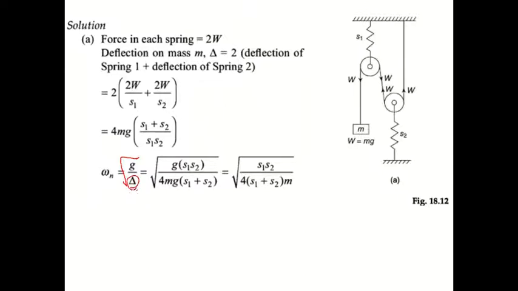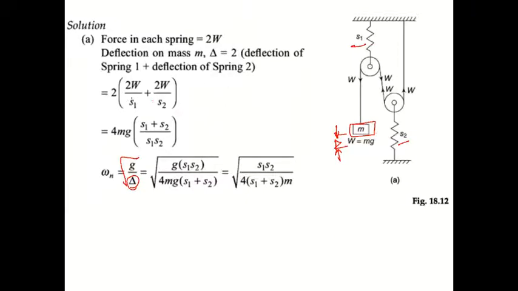So the deflection value is equal to the deflection of spring 1 plus the deflection of spring 2.